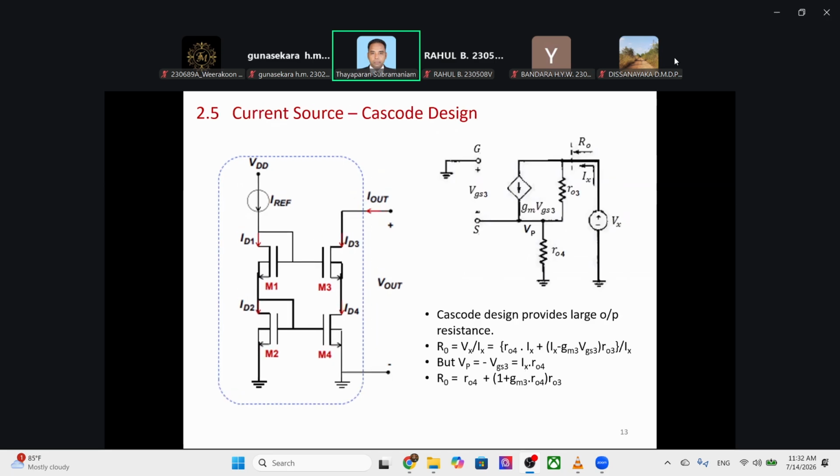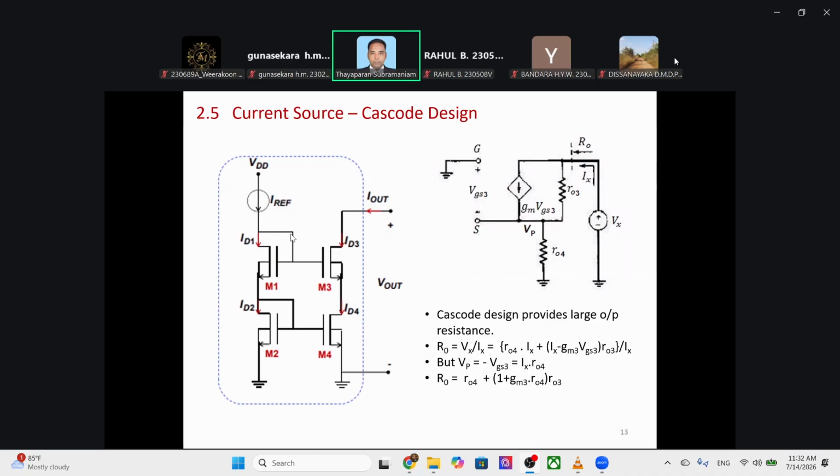Here, what exactly we do is use two matching transistors in this case. This side decides the output load current and also decides the output impedance, as in the cascode design.